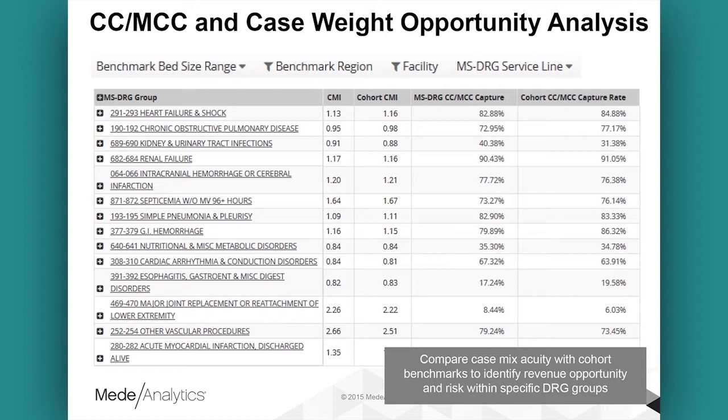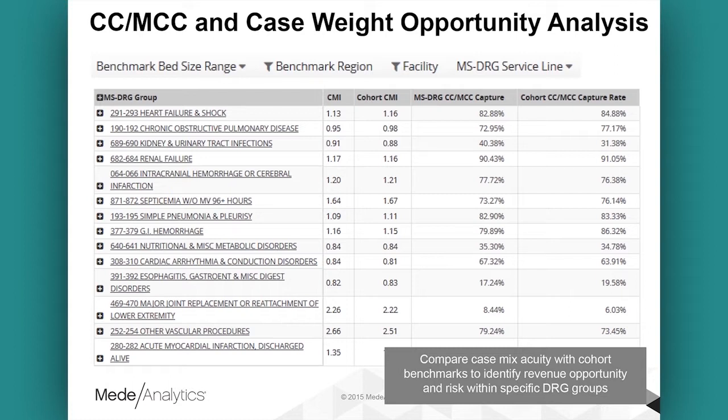And we're looking at the case mix for that organization. We're comparing that to a cohort of peer organizations. So this might be a benchmark from, say, MedPAR Medicare data, or a benchmark of other MediAnalytics Advisory Board clients from last month, comparing the CMI for this particular cluster of DRGs, comparing the CC-MCC capture rate compared to that cohort.